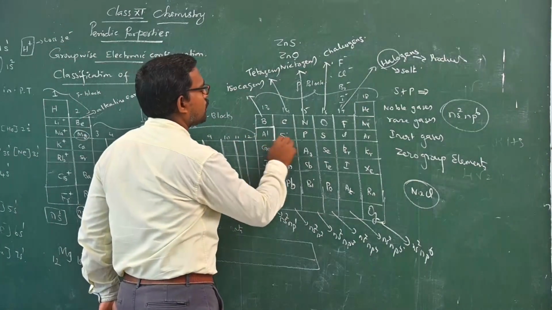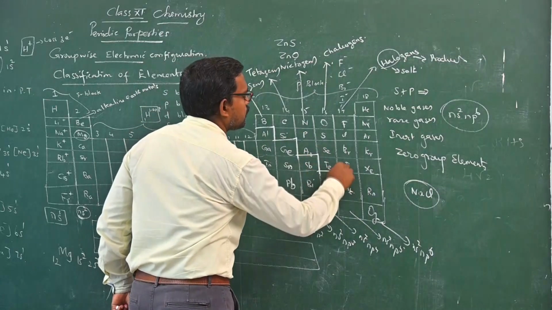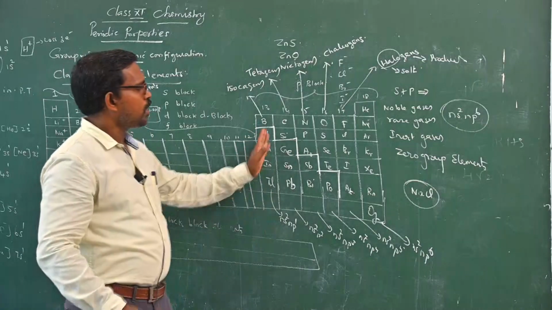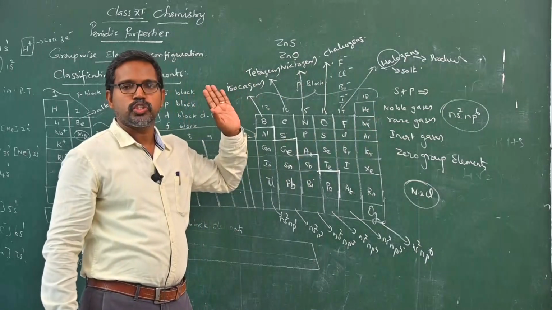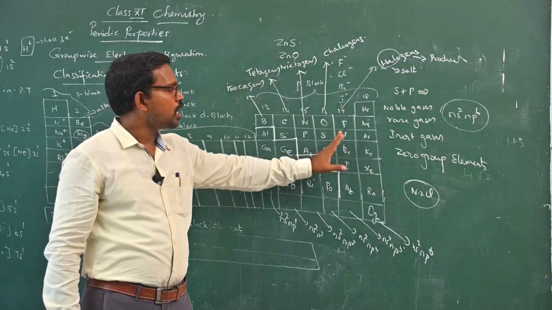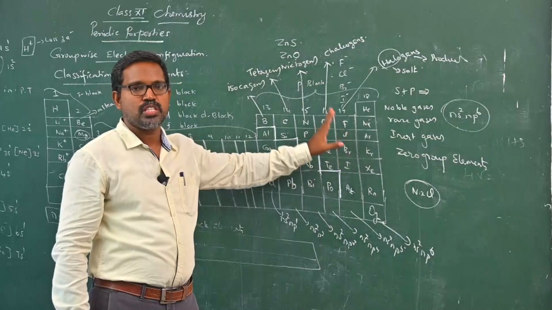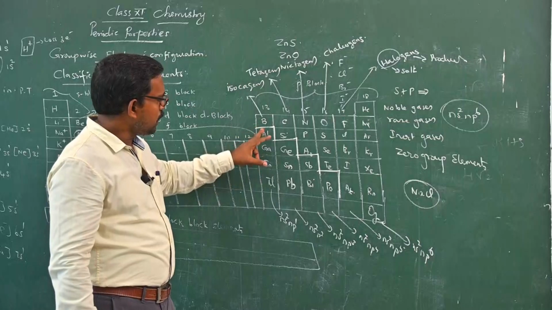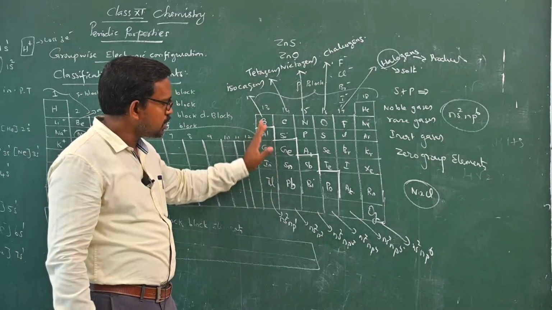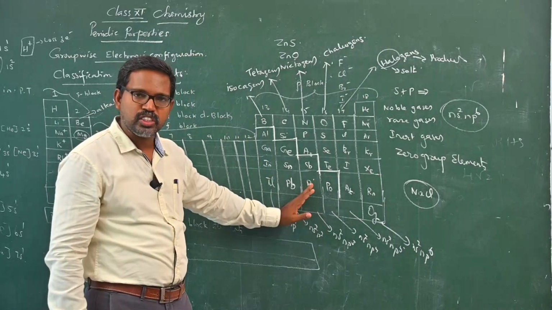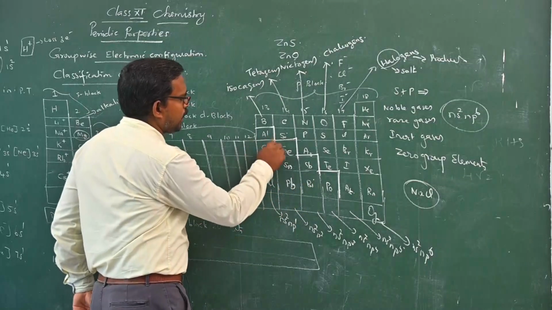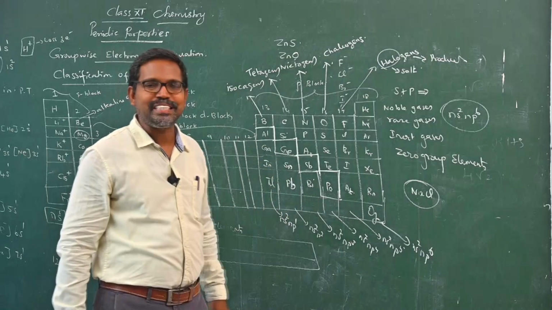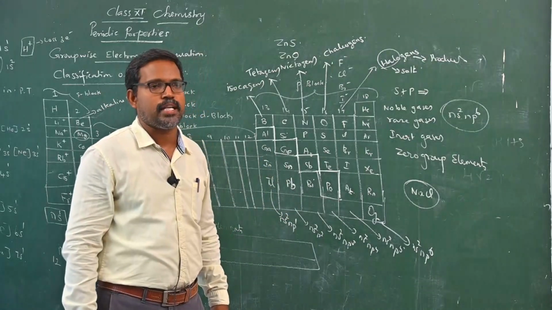Metals, this borderline. In between the borderline, these elements exist as non-metals, gases and some liquids. In these rows and columns, the elements are in metallic state. These borderline elements are called metalloids or semi-metals.